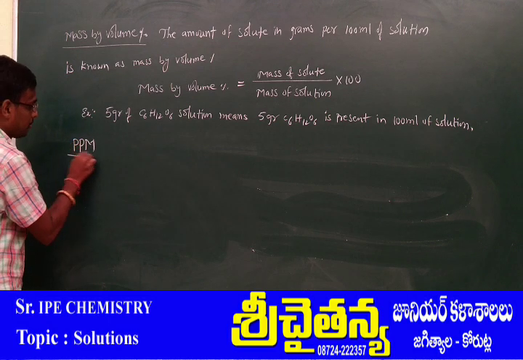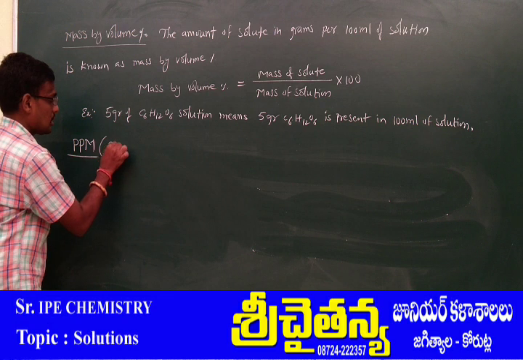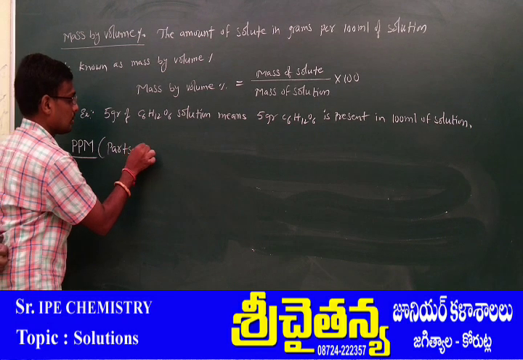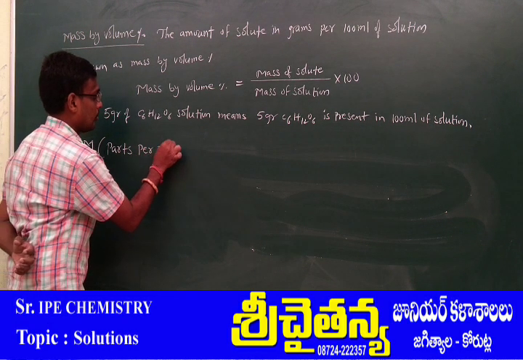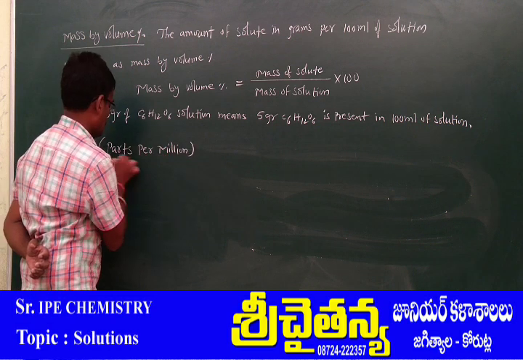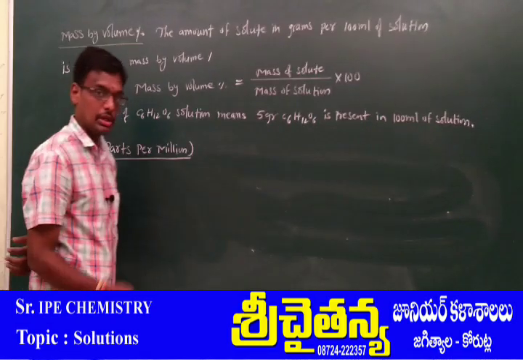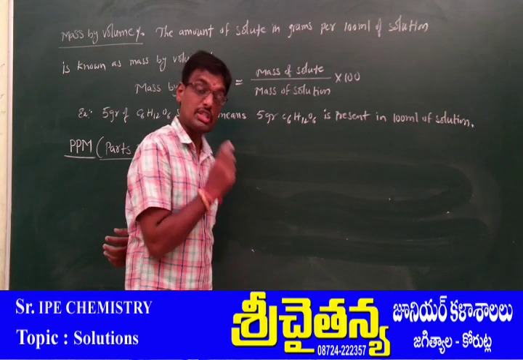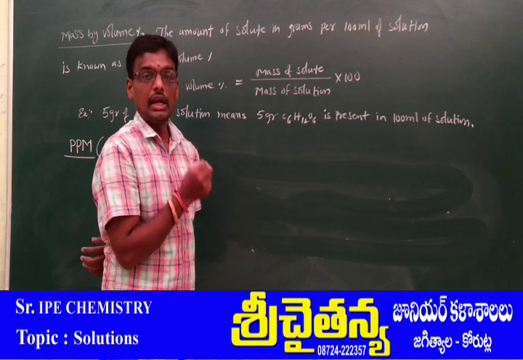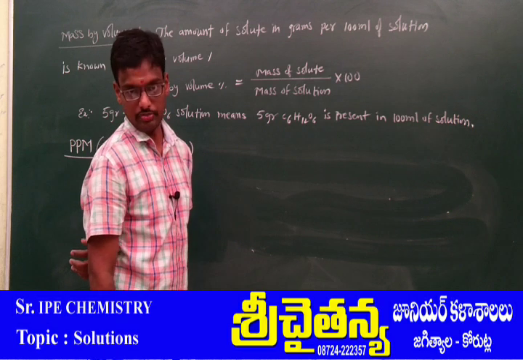The next one is ppm, parts per million. This concentration method is used to express the concentration of solution which contains very little amount of solute.